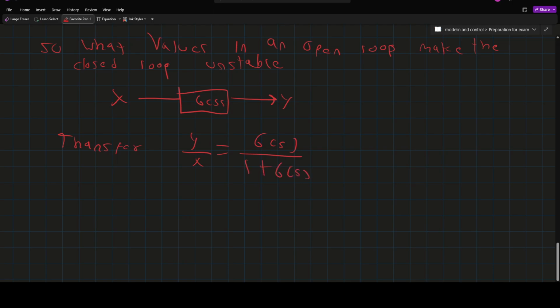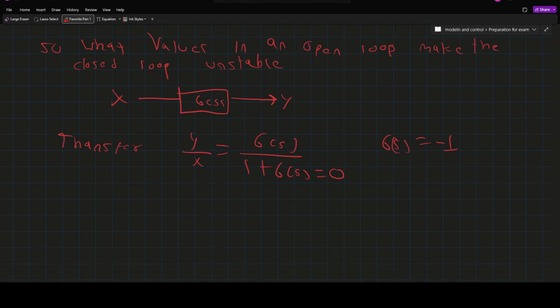So we know that this denominator can be 0. If it is ever 0, then this is going to be unstable. So if g of x is equal to minus 1, then the system is unstable. So here, if our open loop is ever minus 1, then we have an unstable system in our closed loop.